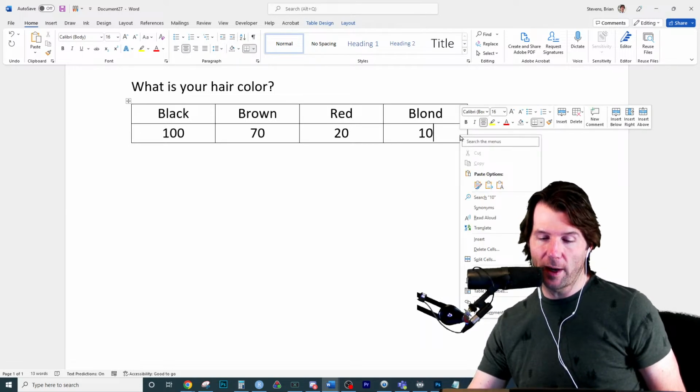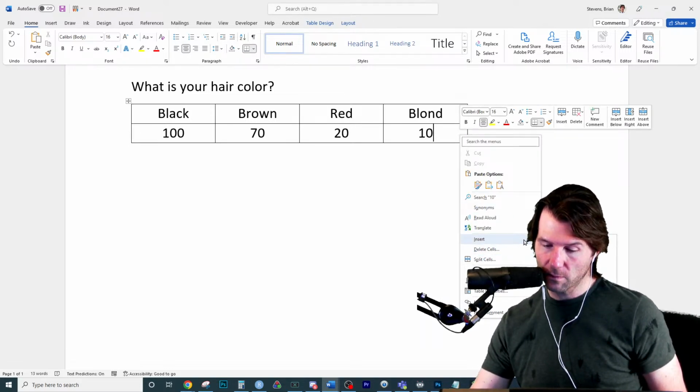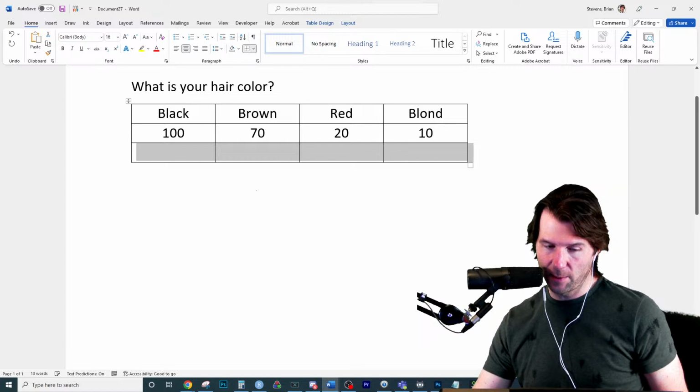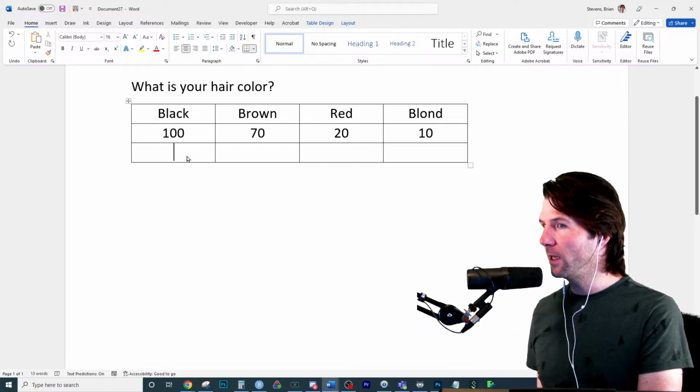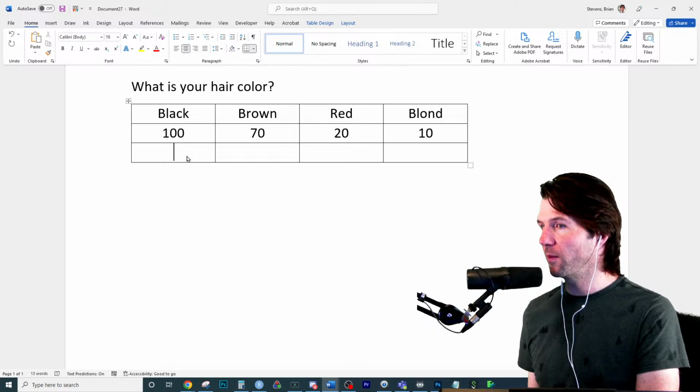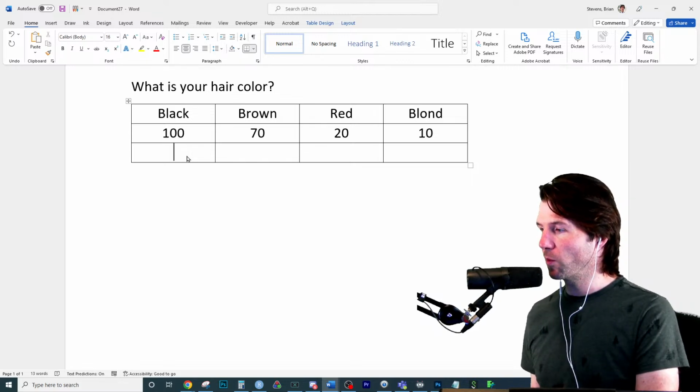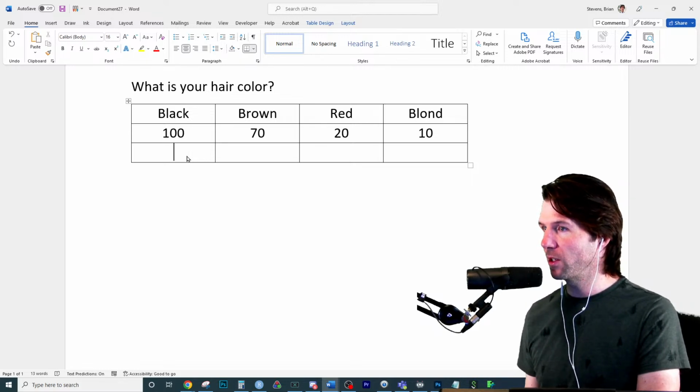So to turn this into a relative frequency table, how many observations are there? To make this relative frequency, we first need to know how many observations there are.